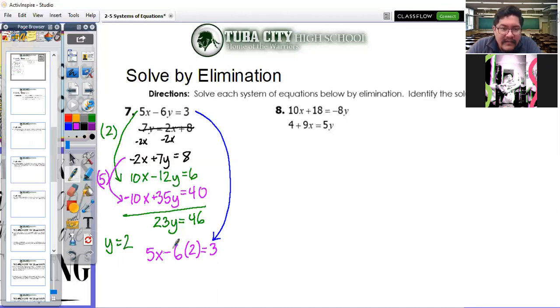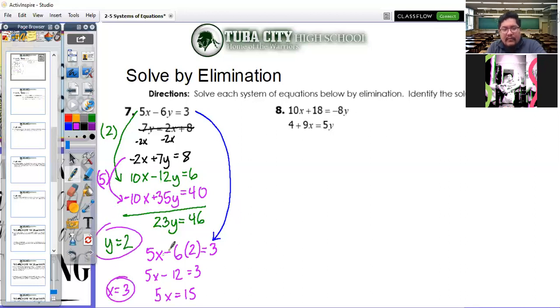And then 5x minus 12 equals 3. I'm going to have to add 12 to both sides. So 5x equals 15, because 3 plus 12 is 15. That would allow me to get my x value. So x is equal to 3.